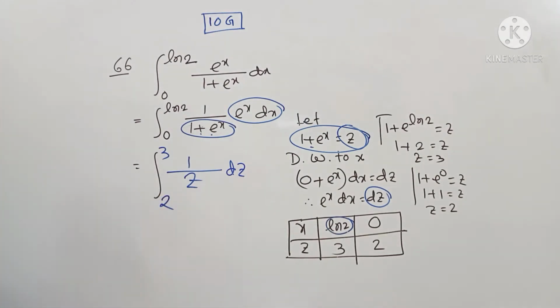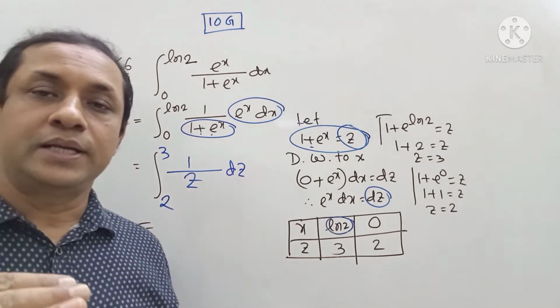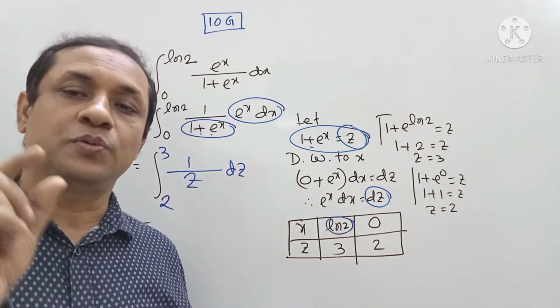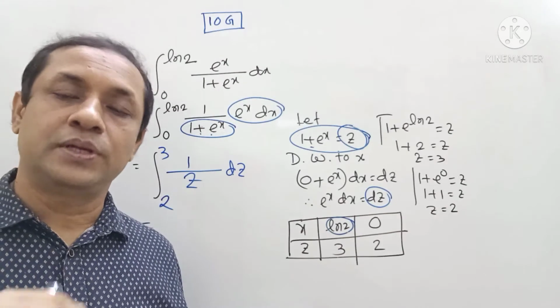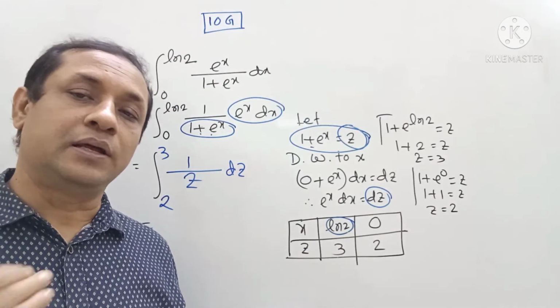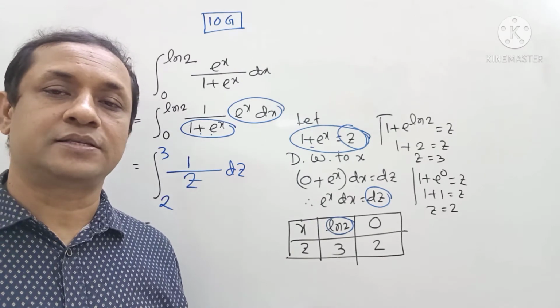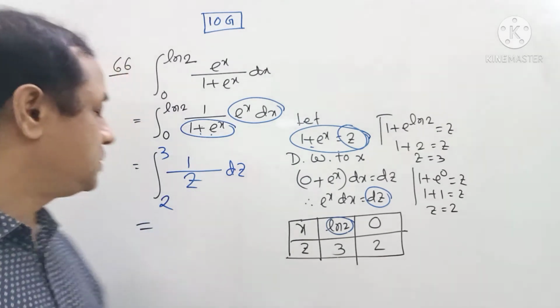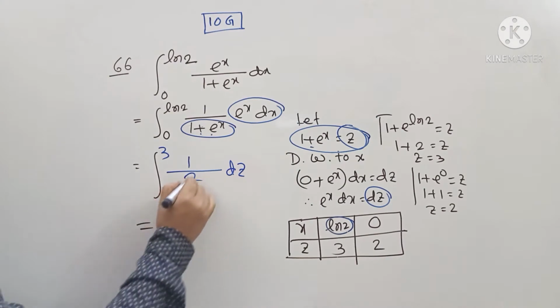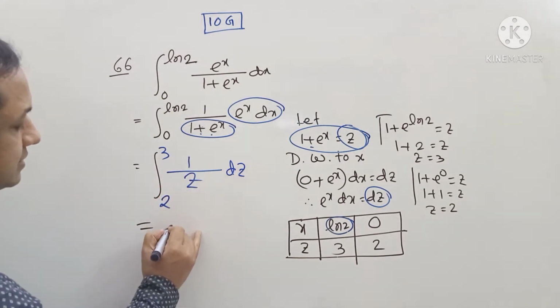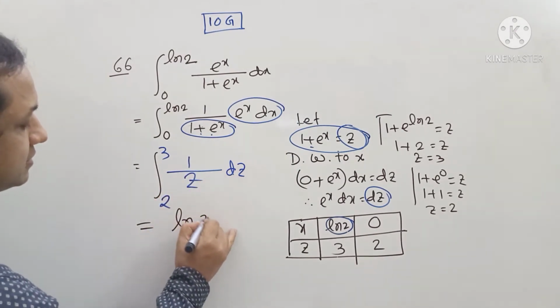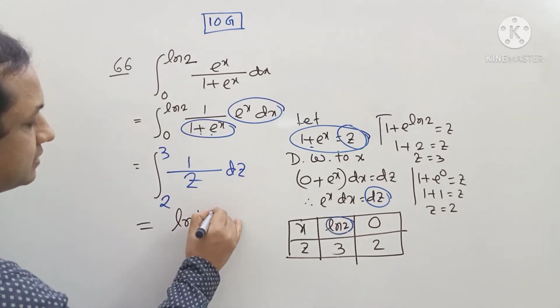Now using the integration formula, we know that the integral of 1 by z dz equals ln z. You have learned, student, the integral of 1 by x dx equals ln x. So here the integral of 1 by z dz is ln z.